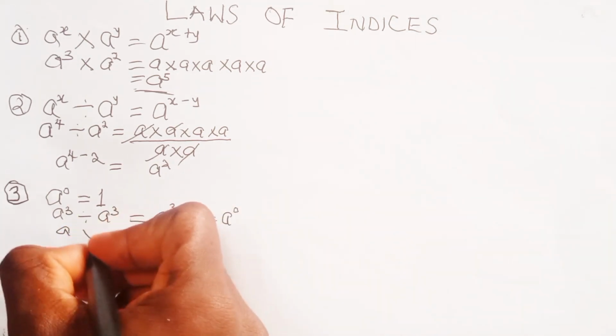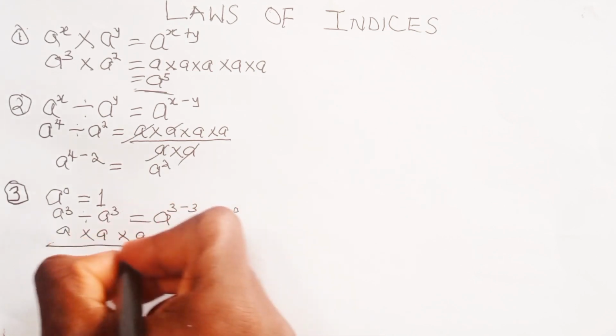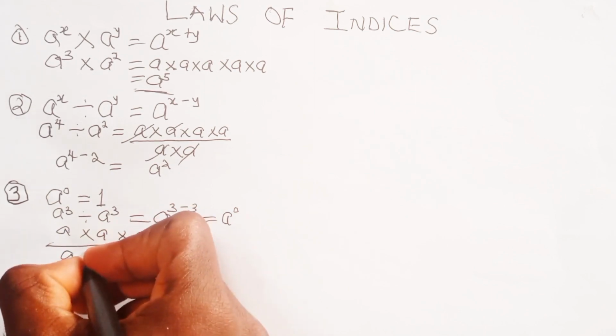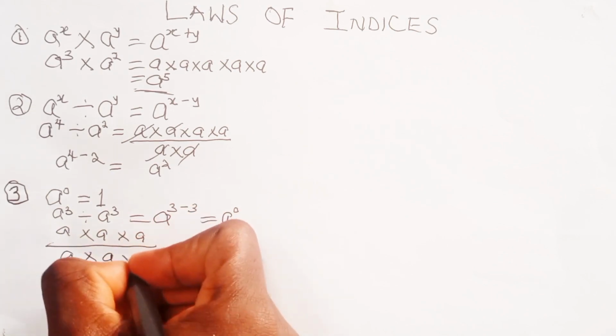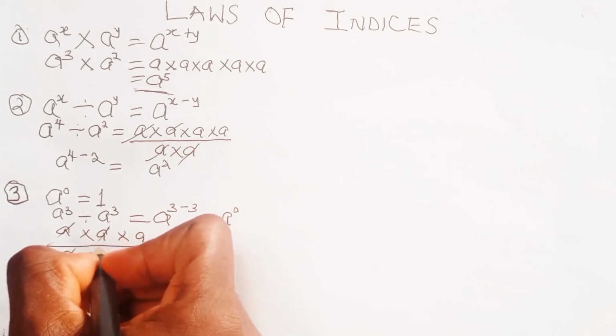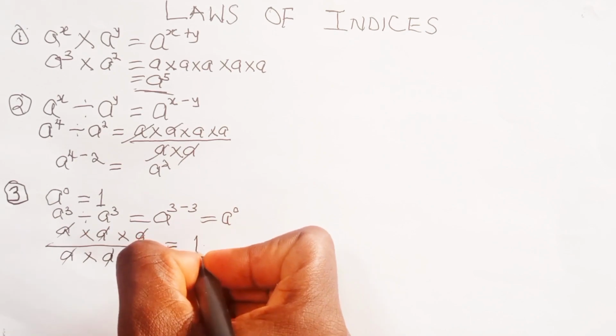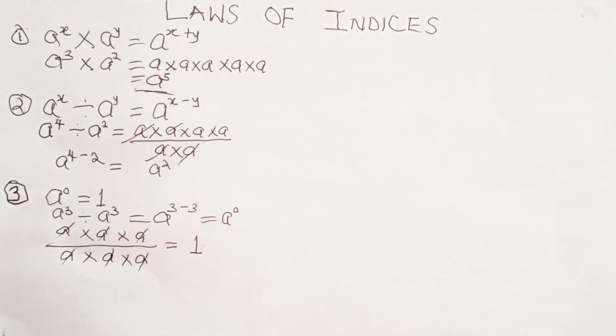So a times a times a all over a times a times a simply means this cancels, this cancels, this cancels, and I'm left with 1. So whatever base you raise to the power of 0, you must get 1 as your answer.